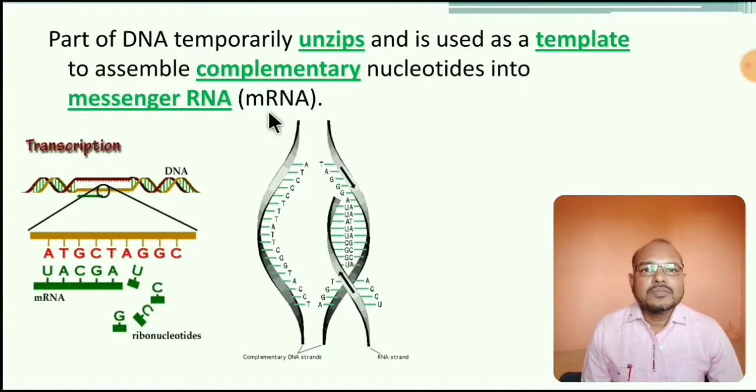The part of the DNA temporarily unzips, meaning it uncoils. It is used as a template to assemble the complementary nucleotides into the messenger RNA. So in that transcription process, the arrangement of nitrogenous bases in the double stranded DNA gets uncoiled, and this separates a single strand in the form of mRNA with the attachment of the incoming ribonucleotides.